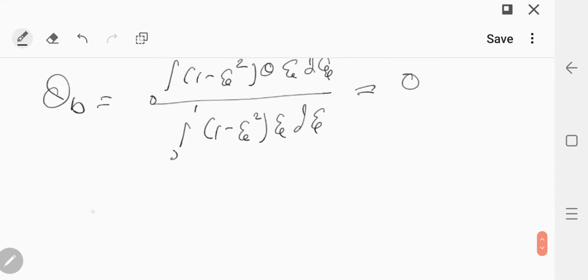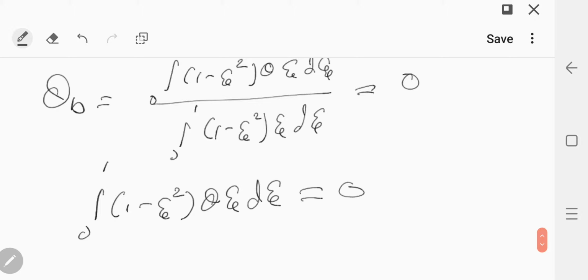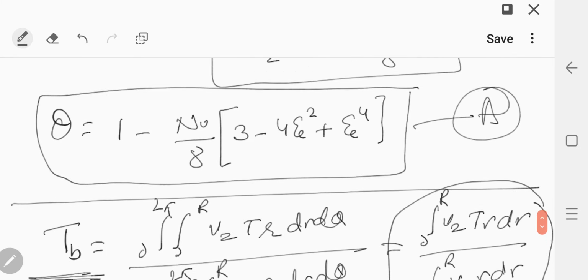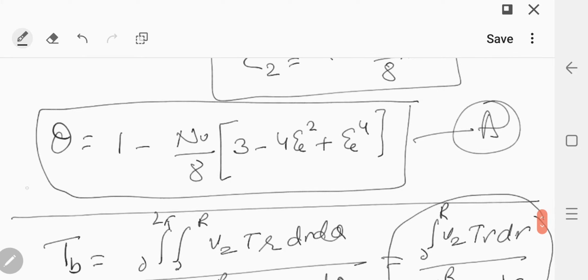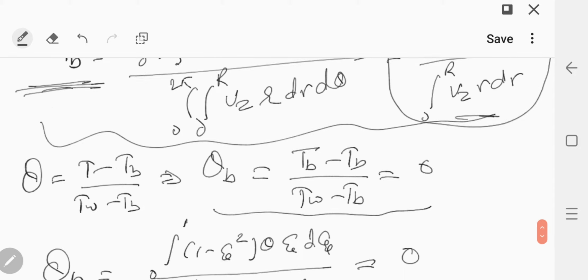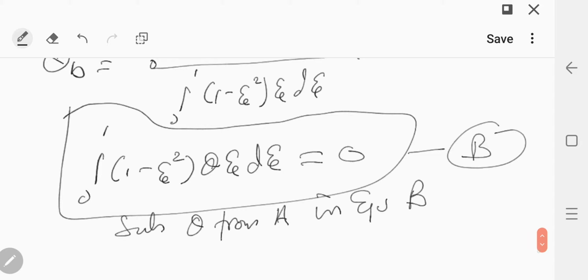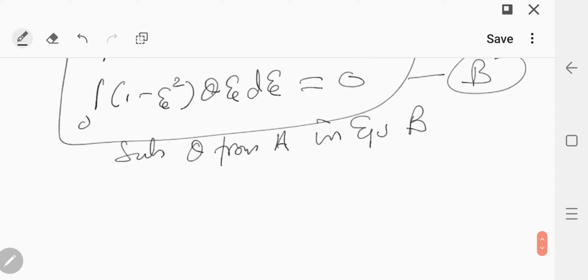So what does it lead? It leads that the numerator part is equal to 0. Right? Now in this numerator term, we'll put the value of theta which we have calculated, that is this equation A. So substituting theta from equation A in equation B, what do we have?